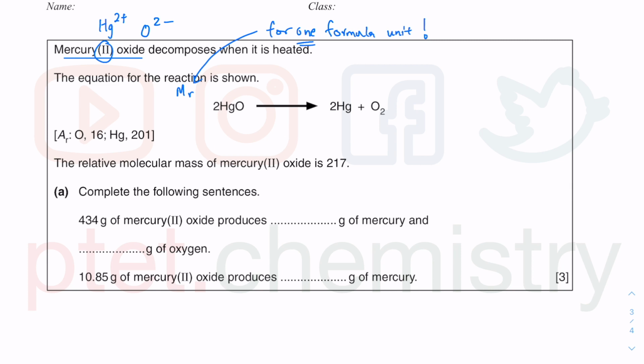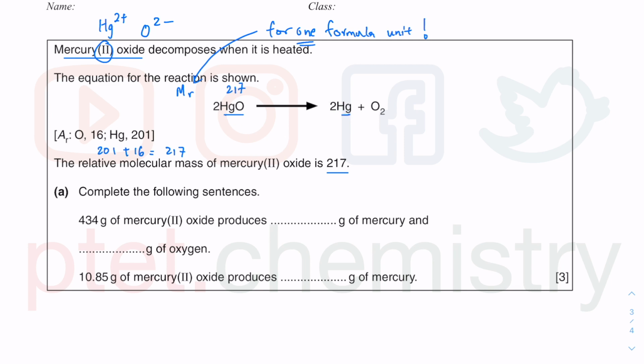So if we're just looking at HgO, that is 217, because there's one of the Hg plus one of the oxygen, 201 plus 16 is just 217. So there should be no problem understanding that. It's just for one formula unit. Now, MR is also the Ar if it's just the element.